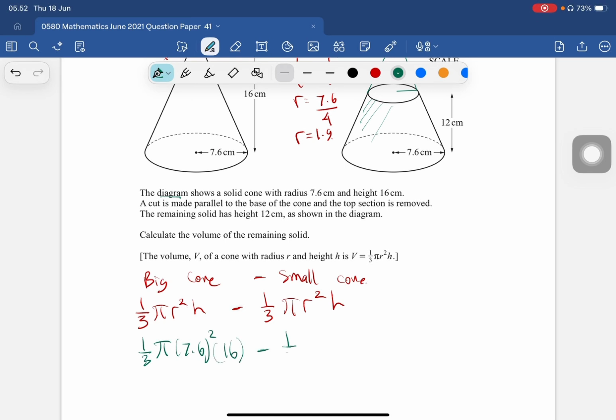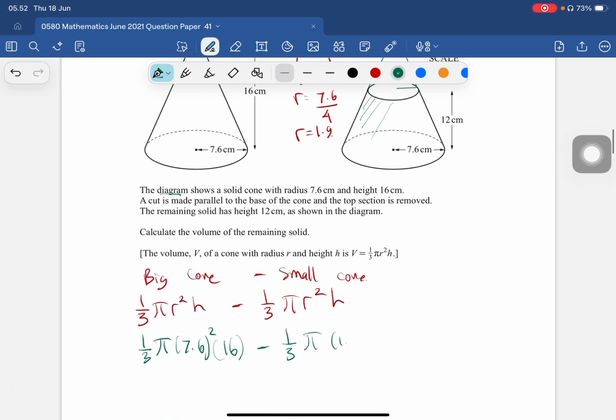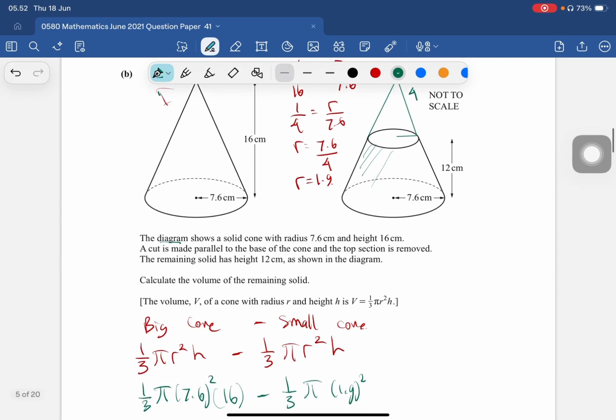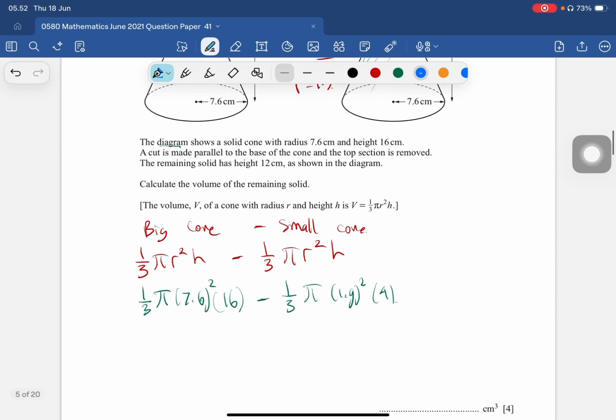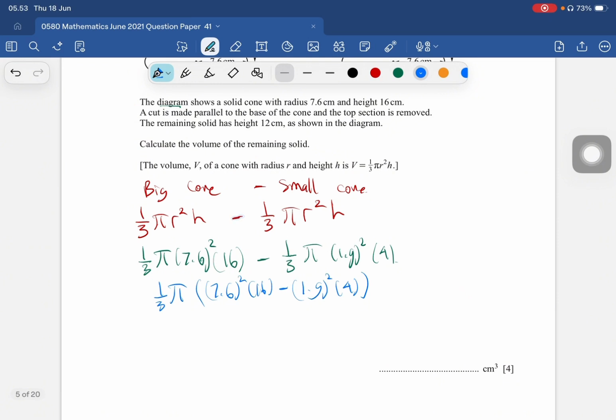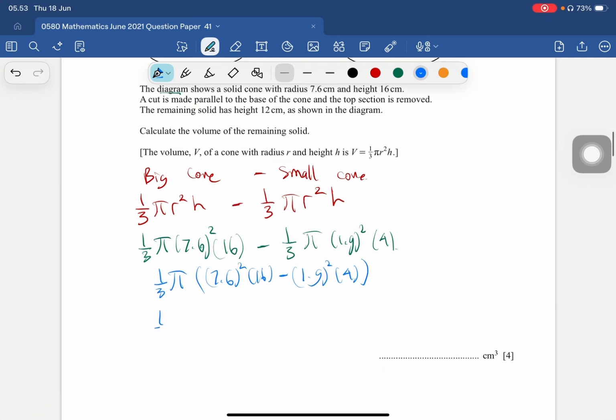We minus 1 over 3 pi, r squared is 1.9 squared, the height is 4. We can factorize it. So 1 over 3 pi, multiplied by 7.6 squared times 16, minus 1.9 squared times 4. Okay, let us proceed. 7.6 squared, 1 over 3 pi.